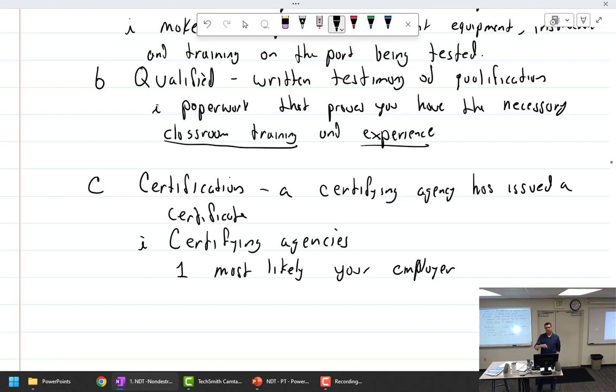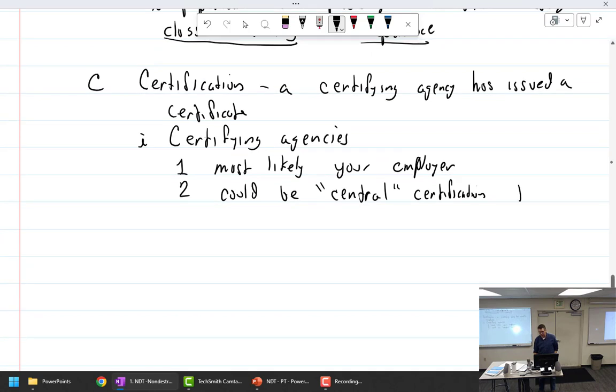Employers are certifying agencies. Number two, could be, but probably not likely, could be what is known as a central certification, central certification through ASNT.